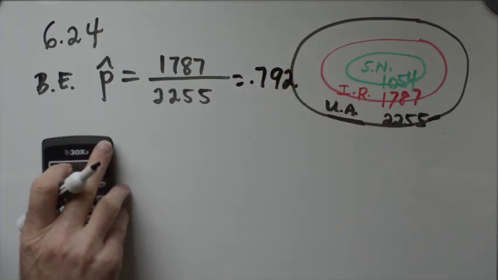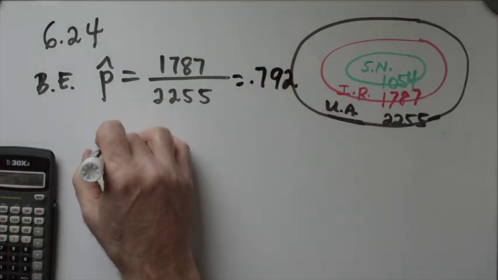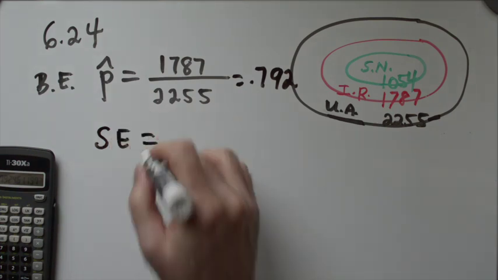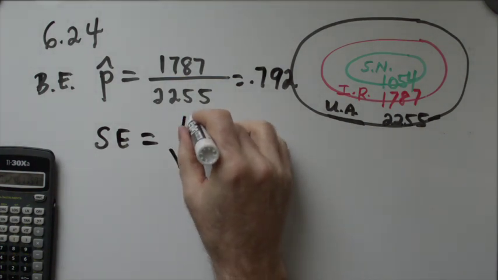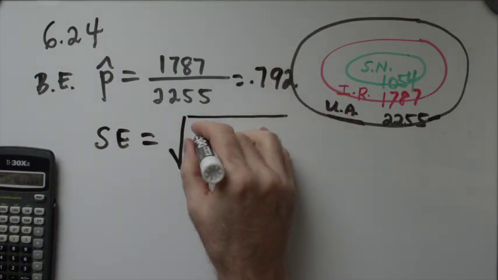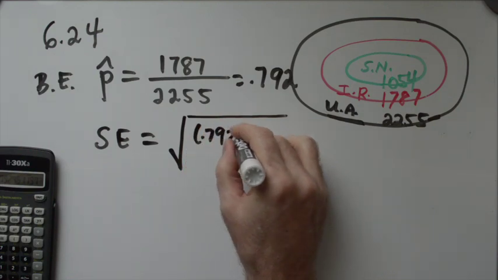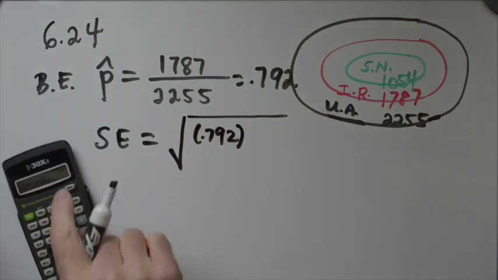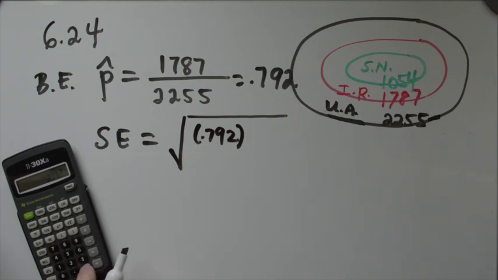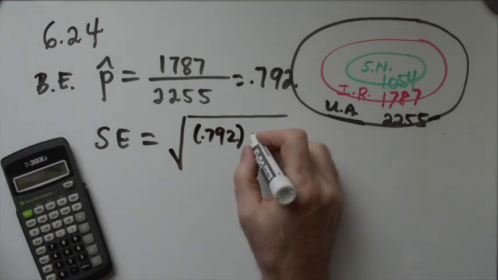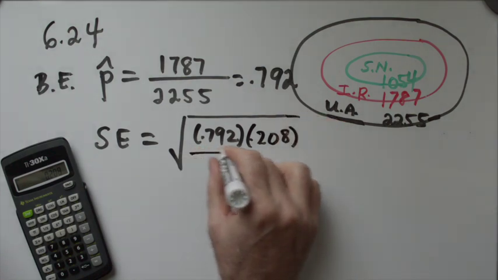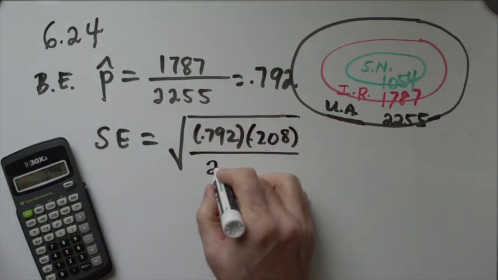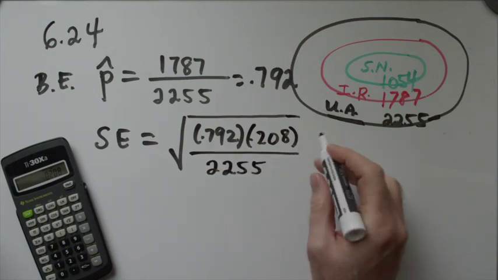Now, before we develop our confidence interval, we should calculate the standard error. We're doing this completely by theory, in terms of the methods we've developed in this section. So we take the 0.792 and find its complement, which is 0.208, and divide by the total sample size, 2,255.